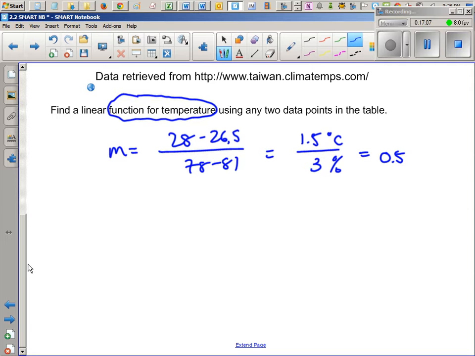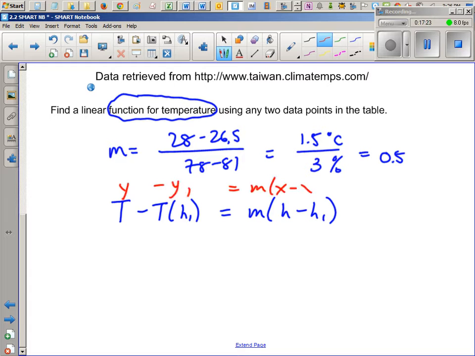So we know it's a temperature function, so it's going to be T minus T at humidity 1 equals m times humidity minus humidity 1. This is the same thing, folks, as y minus y1 equals m times x minus x1, but I'm using h instead of x because h represents humidity, and I'm using t instead of y because temperature is my y coordinate.